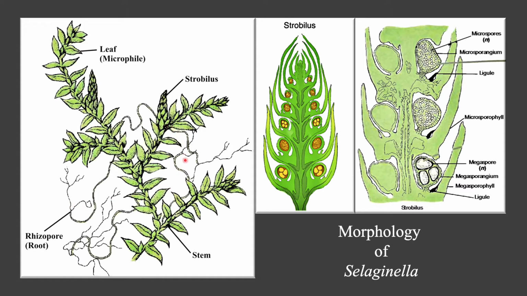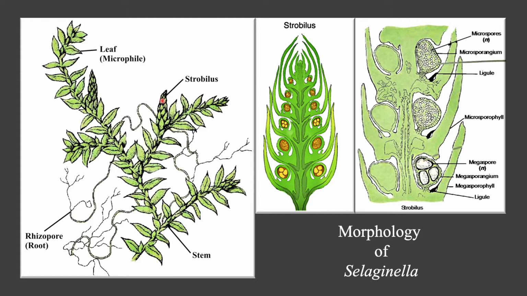Selaginella plant is a sporophyte. It bears two kinds of sporophylls. Sporophylls are those leaves which contain sporangia: microsporophylls and megasporophylls.